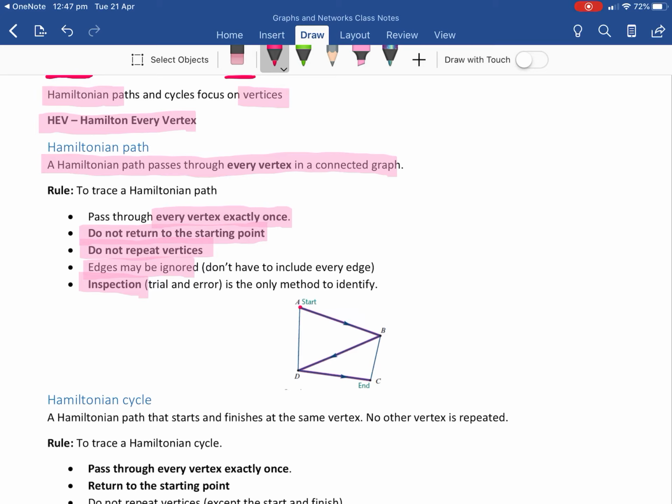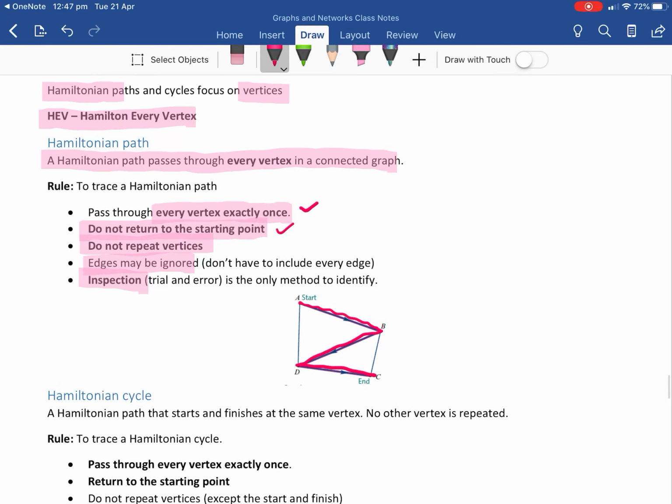So here, we're starting at A, so this is our vertex. We need to make sure that we go through B, C, and D. But we don't want to return to A. We don't want to repeat vertices. So the fact that it's gone from A to B to D to C, it's only touched each vertex once, so that's good.